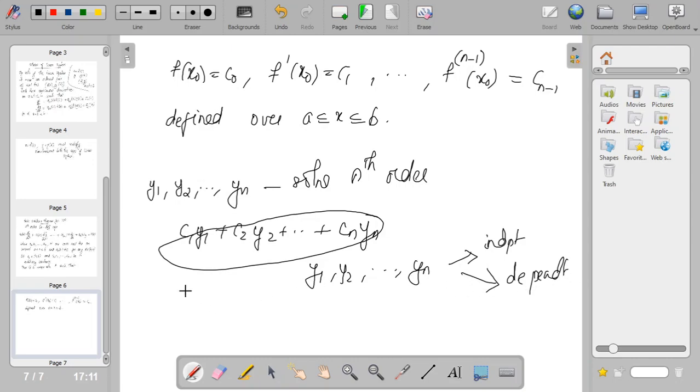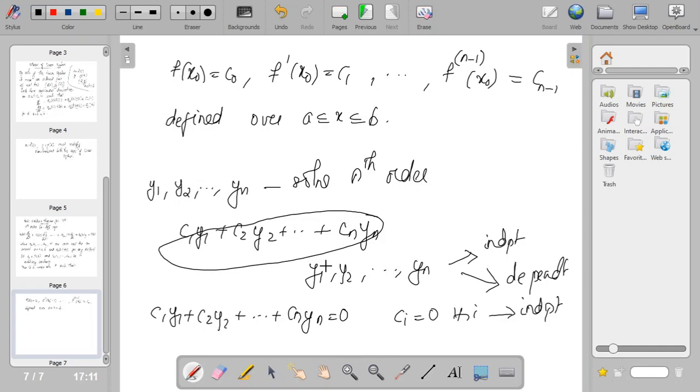They will be linearly independent if, when you solve c1 y1 plus c2 y2 plus ... plus cn yn equal to 0, all the ci are equal to 0. If at least one of the ci is not equal to 0, the solutions will be linearly dependent.